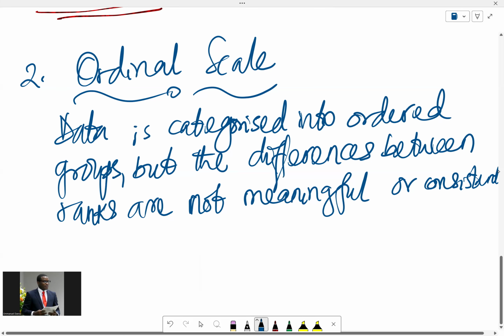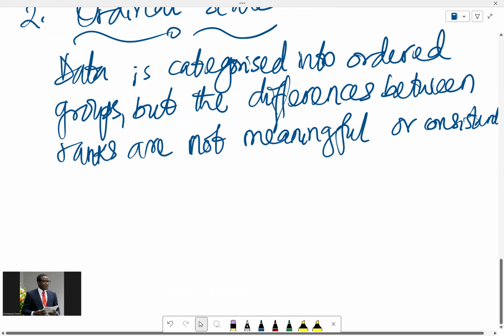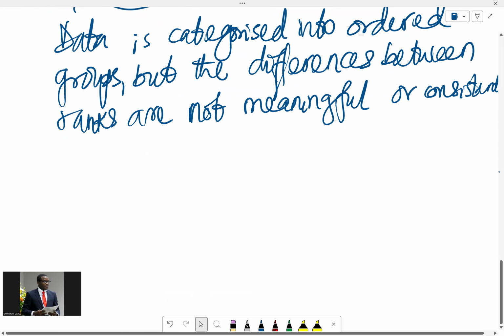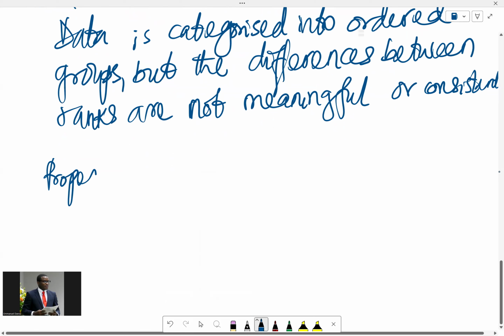So they are numerical values, but the differences between ranks are not meaningful or not consistent. Now let's talk about properties of ordinal scale, like the order we've been going. First of all, you have ordered categories.